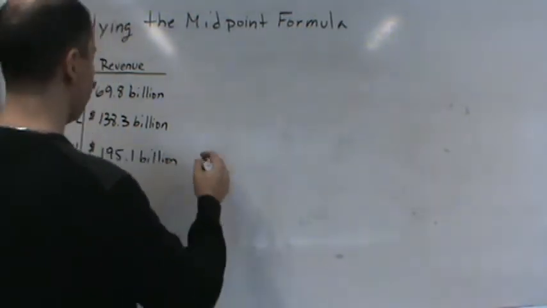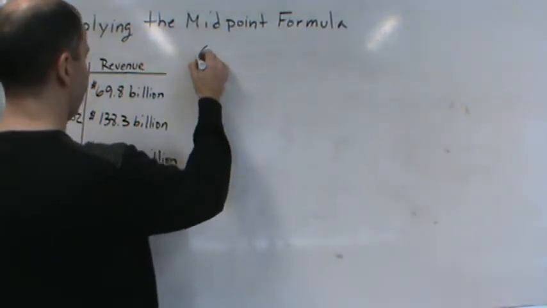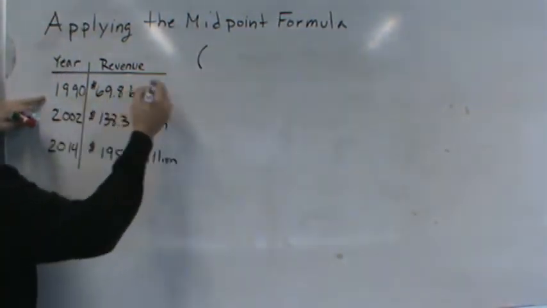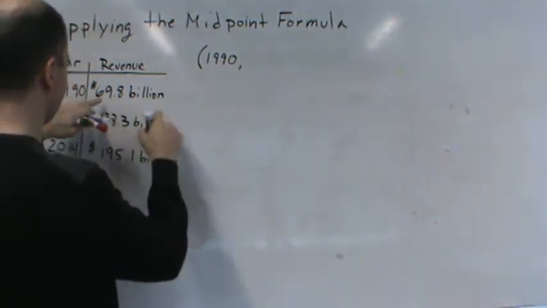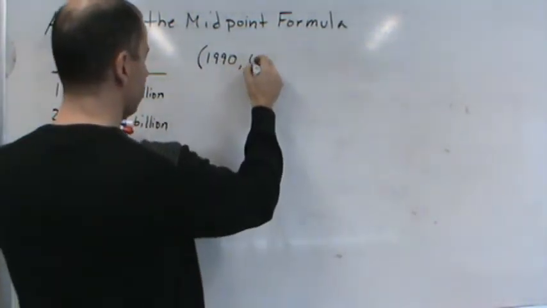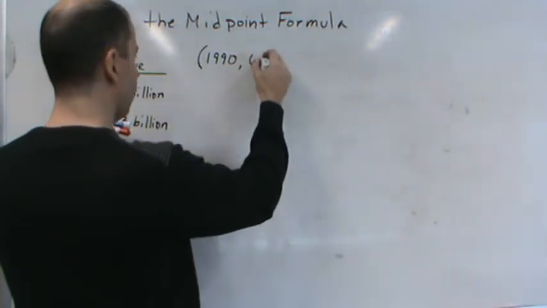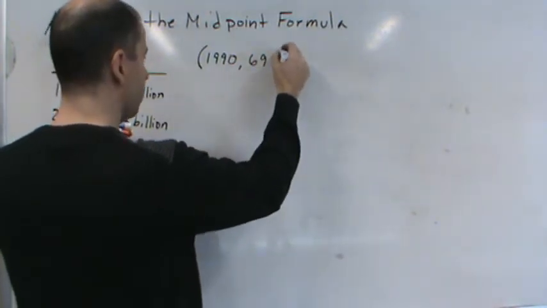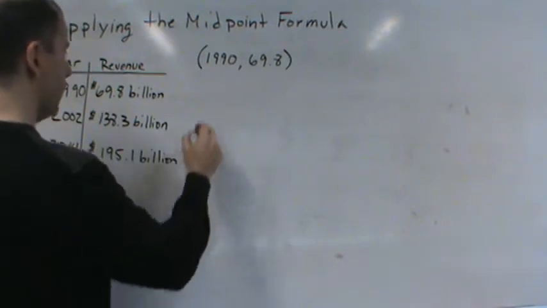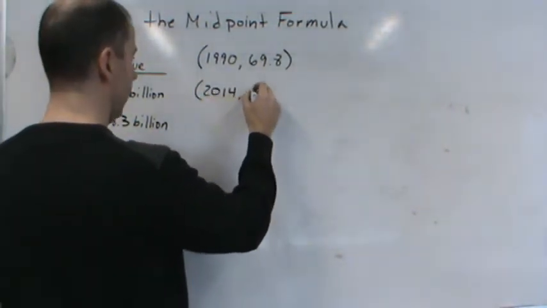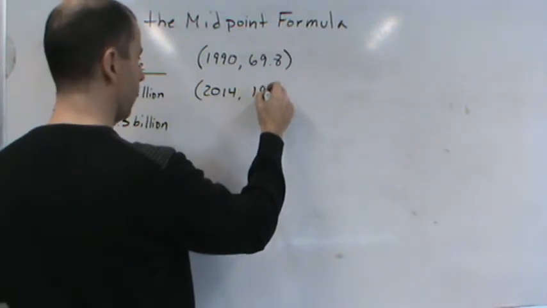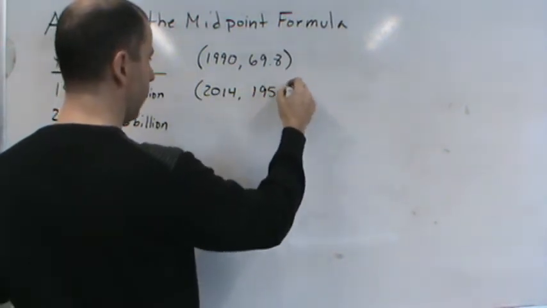So the midpoint formula, our two points are going to be, again, 1990 and 69.8 billion. I'm not going to write the billion out, but realize that these are in billions. The other point we're interested in is 2014 and 195.1 billion.